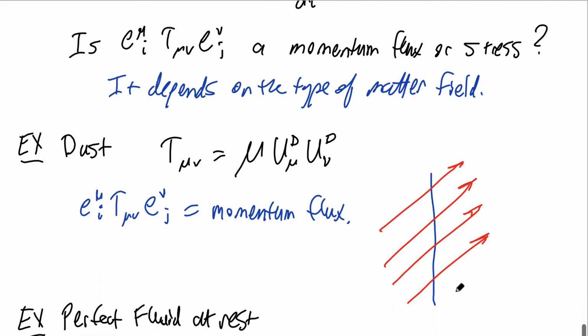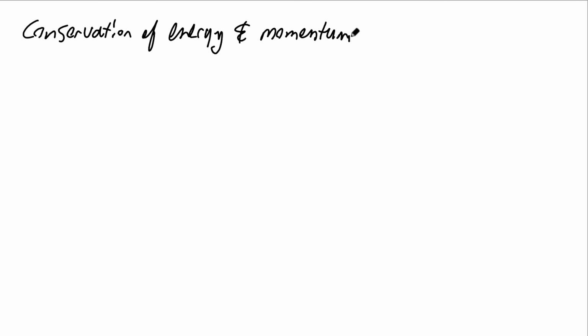The last thing I'd like to do in this lecture is to talk about the sense in which energy and momentum are conserved. So let's return to the Einstein equations, G^{mu nu} equals 8 pi G over c to the 4th power T^{mu nu}. We have the Einstein tensor on the left, the stress energy momentum tensor on the right.